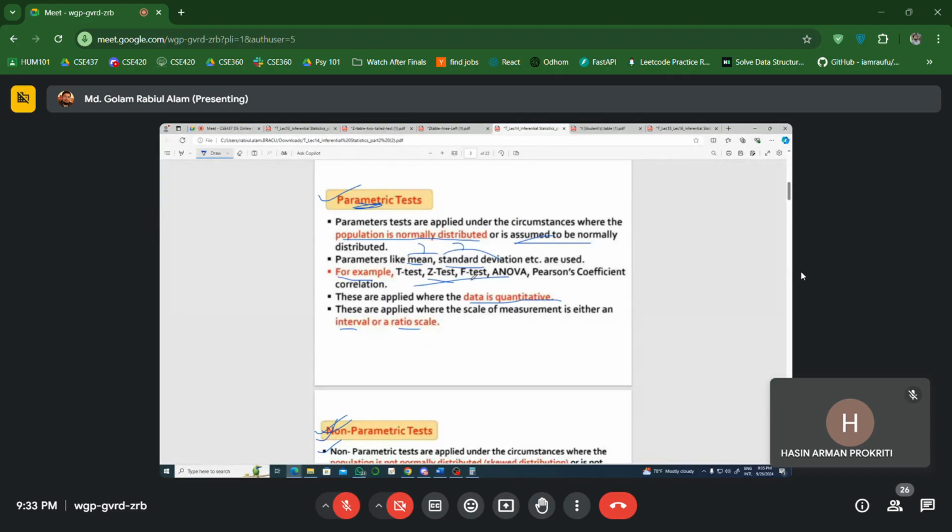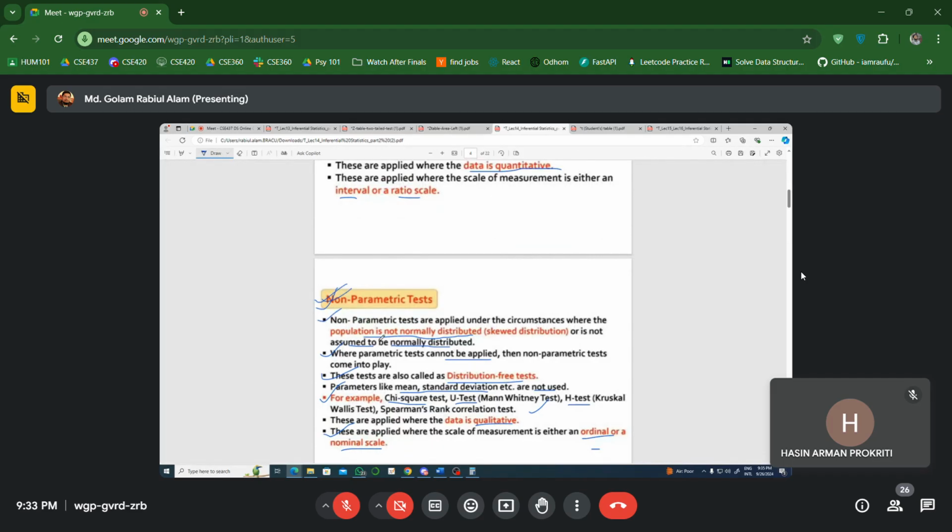At first, you have to think about whether the mean is given, whether the standard deviation is given, and whether the data is normally distributed or not. Then think about these tests. If not, then you have to think about the non-parametric tests. The first thing is this.